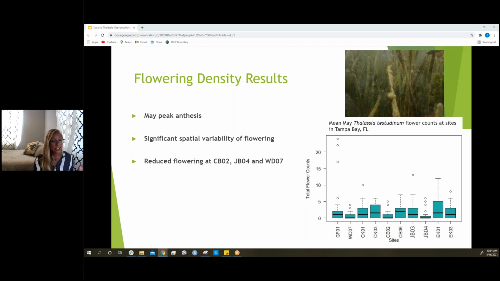Results also indicated that there was significantly greater flowering on the interior of the bed as opposed to on the edge of the bed. This is likely a result of short shoot age because, as I mentioned earlier, short shoots typically don't reach sexual maturity until about 2 years of age. Generally, the edge of the beds are associated with initial colonization and thus are too young to undergo sexual reproduction.